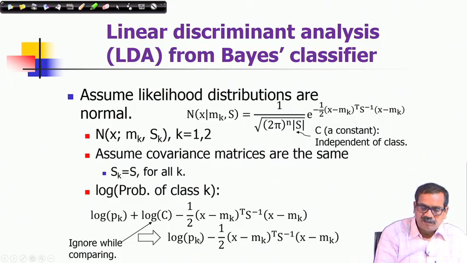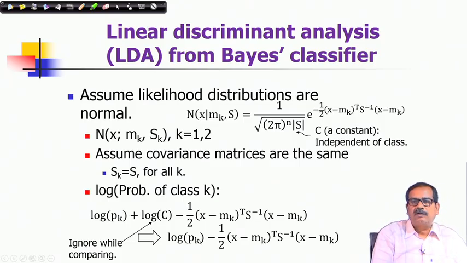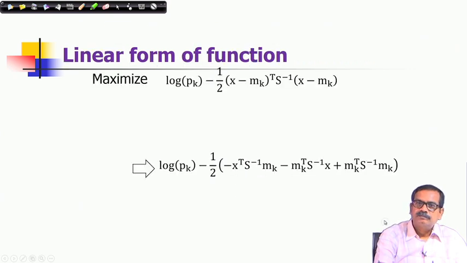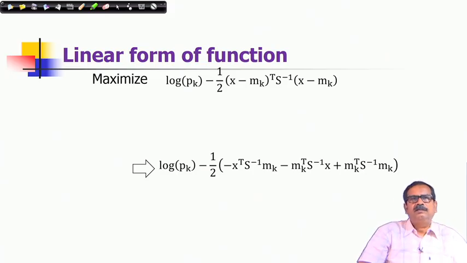Finally, it is sufficient to compare these values for finding out the class giving the maximum posterior probability. We should assign the class having the maximum value of this. We will see how this actually gives you a linear form of function.